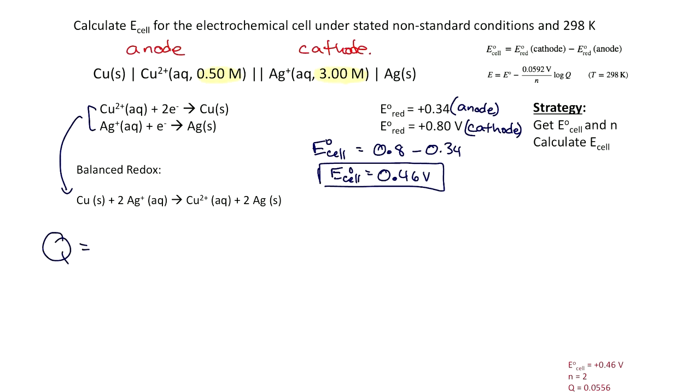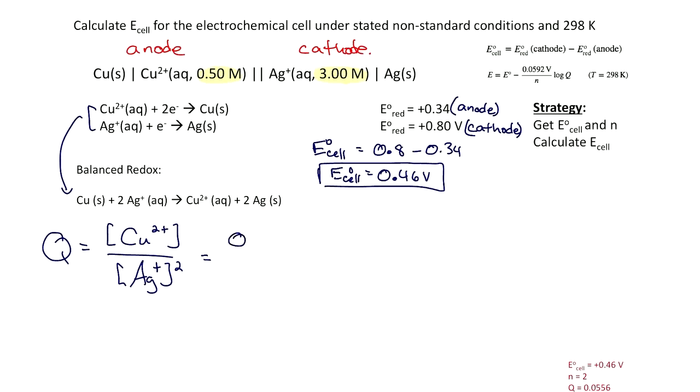So the expression for Q in this reaction is copper 2 plus concentration over silver plus concentration, but that is squared. All right, so let's use the actual concentrations given here. If we were at standard conditions, it would be 1 over 1 squared, so Q would be 1, but we're not at standard conditions, so let's put in those actual concentrations.